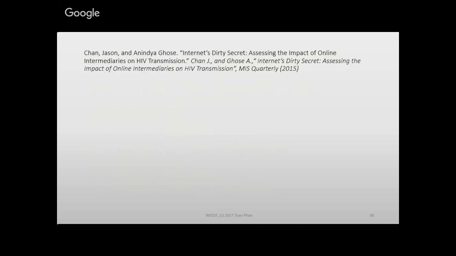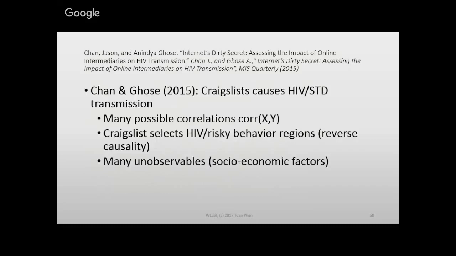This is a precursor to many of the newer sites. There's a lot of dating ads on there, and a lot of sketchy prostitution and other things in there. And so they show that Craigslist causes HIV and STD transmission. But the problem here is that it could be that X is correlated to Y.